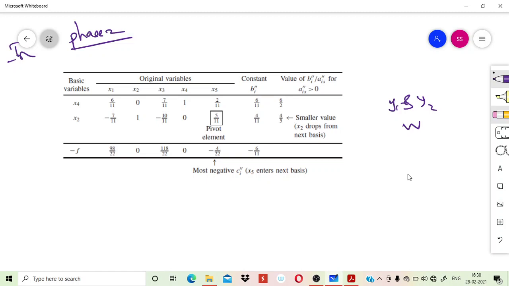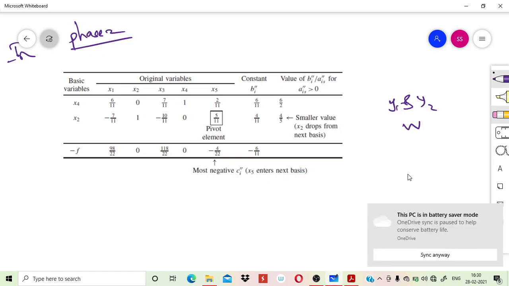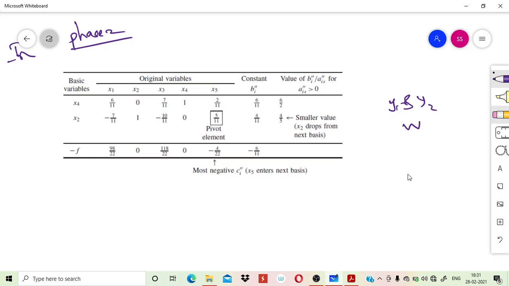That column corresponds to the column of x5, and x5 will be our new entering variable in the basic variables.